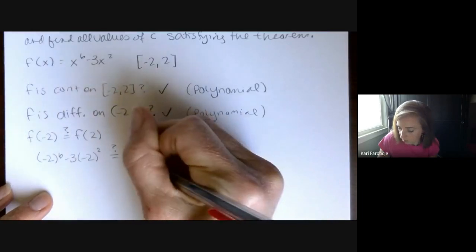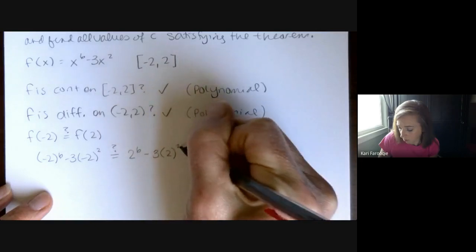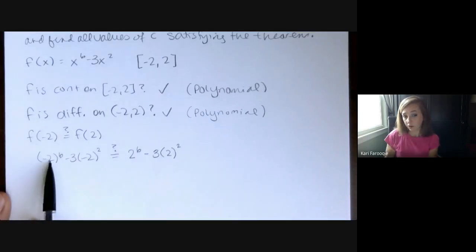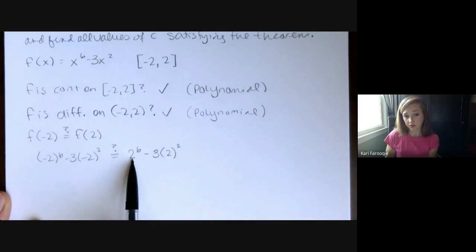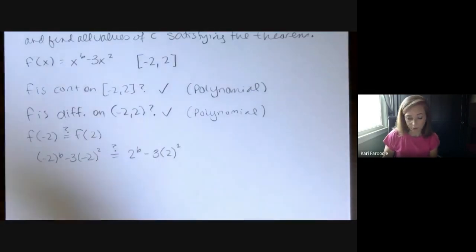Is that equal to 2 to the 6th minus 3 times 2 squared? And then you're going to gauge that. But look at your exponents. -2 to the 6th, +2 to the 6th. These are even exponents, so these quantities are both going to end up being the same. And again, with -2 squared, +2 squared, those quantities are going to be the same. So they will be the same.